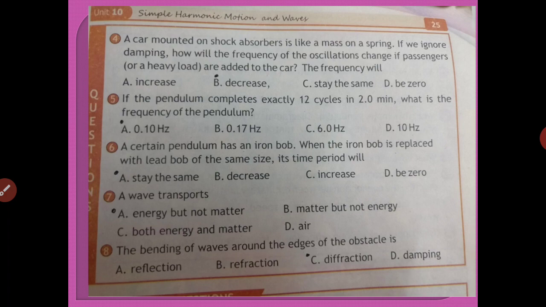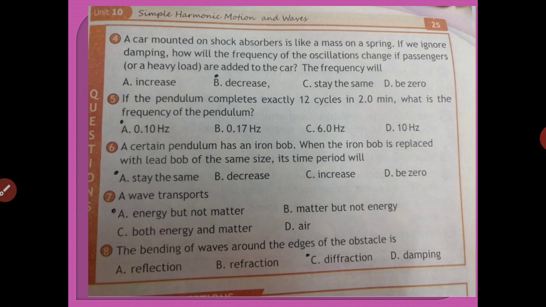You know that frequency is equal to 1 by time period. So 1 by 120, where 120 is the time we get from 2 multiplied by 60. So 1 by 120, we will get option A, 0.1 hertz. Hertz is the unit of frequency.